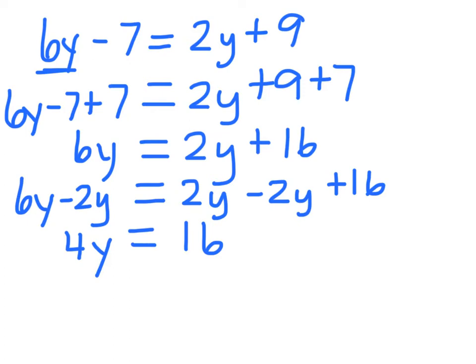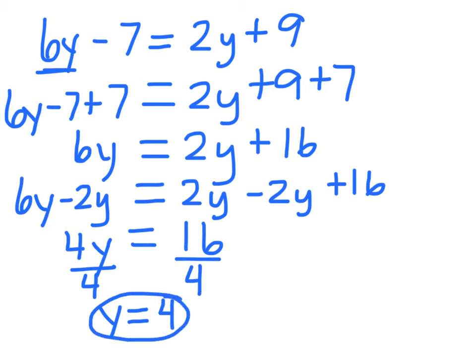Now, I want to get that y completely by itself so I know its value. And right now I have 4 y's, so I want to divide each side by 4 to get y by itself, and 16 divided by 4 is 4. So my answer is y equals 4.